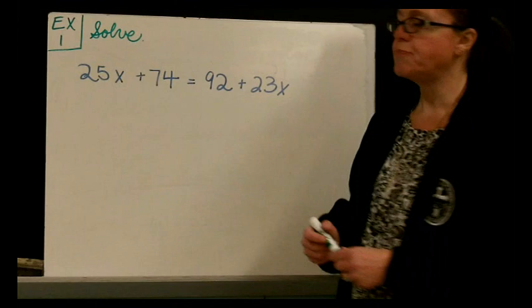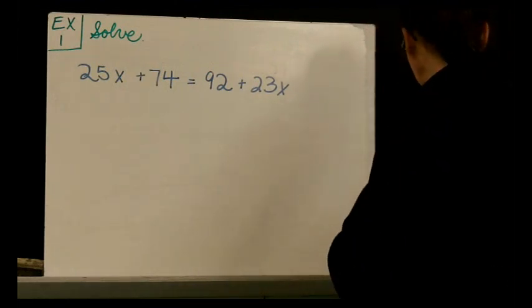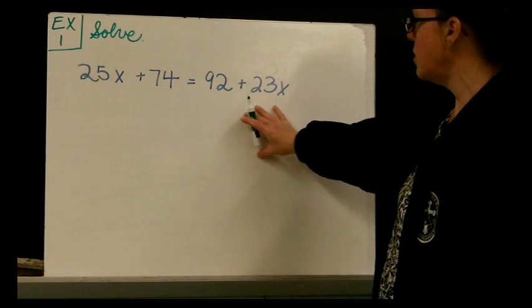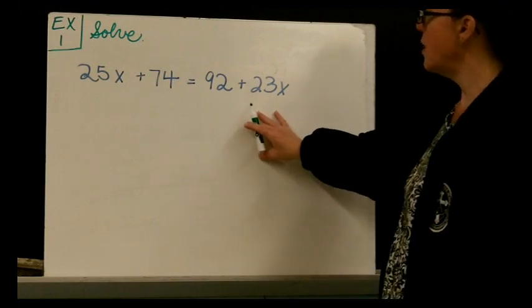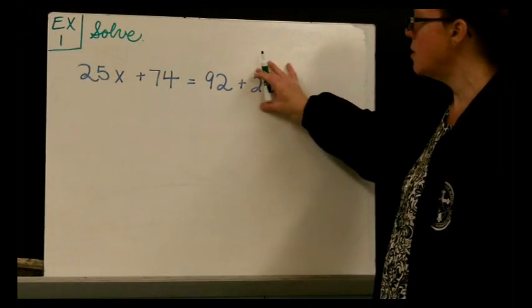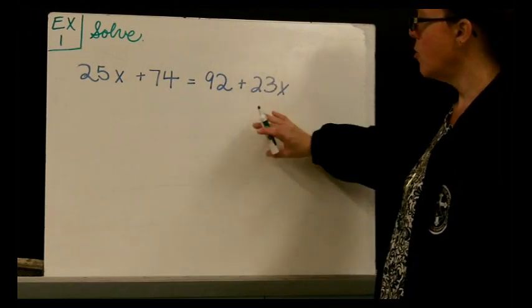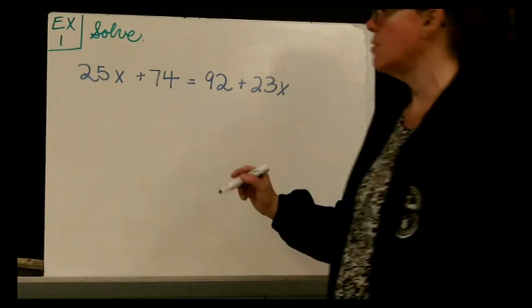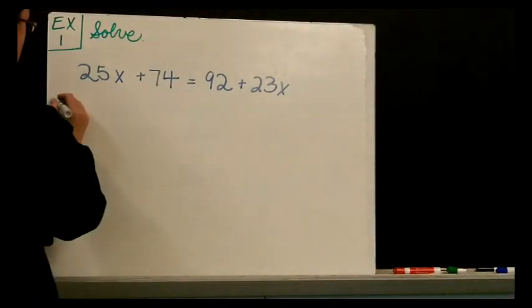Isolate the variable. So what we're going to do first, because I see we have a positive 23x here, we are going to put a negative 23x on both sides so that we can zero this out. We're going to do the opposite of having a positive 23x. I'll move over here.